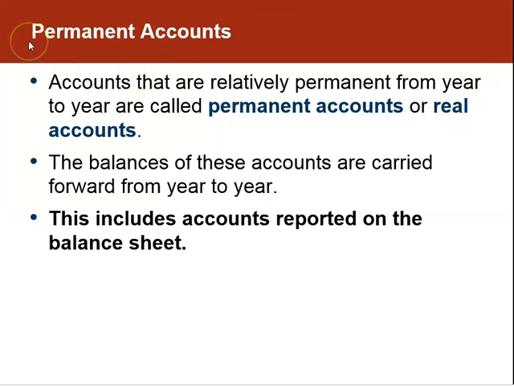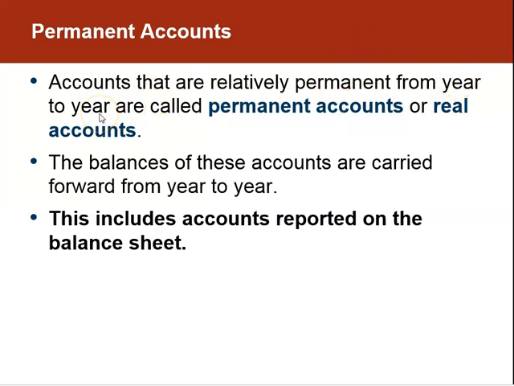Number one, if there are permanent accounts, you better believe there are non-permanent or temporary accounts. The other thing that I want to clarify real quickly here is that all of the accounts are permanent. What we're saying here is that certain amounts on the balance sheet roll forward from year to year.